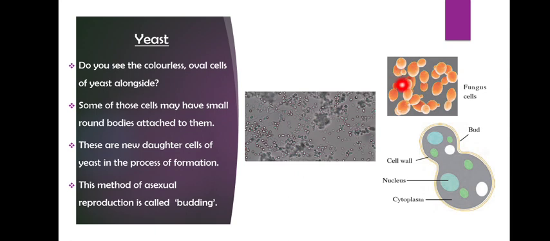So this is a new daughter cell. Now this method of reproduction is called asexual reproduction. And this particular body is called a bud, because it is deriving from a parent cell. So the process of asexual reproduction is called budding. Followed?